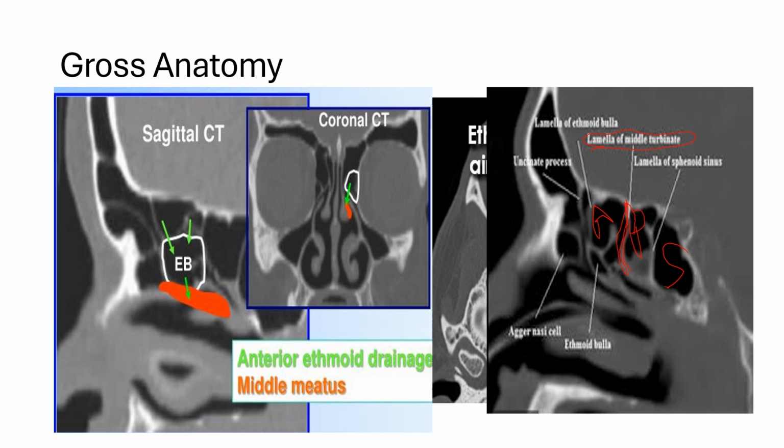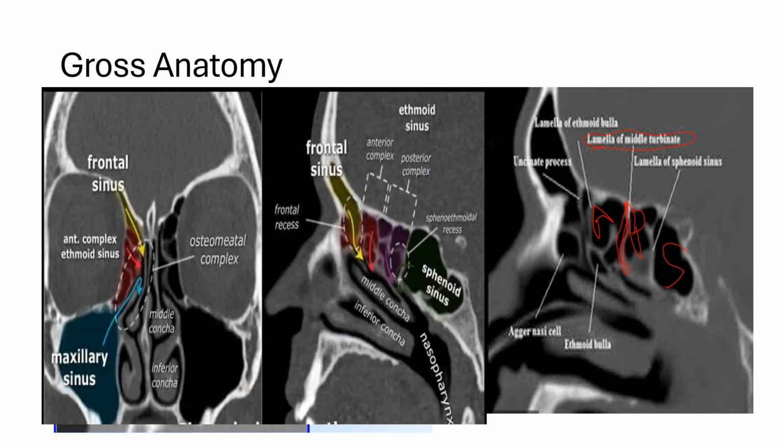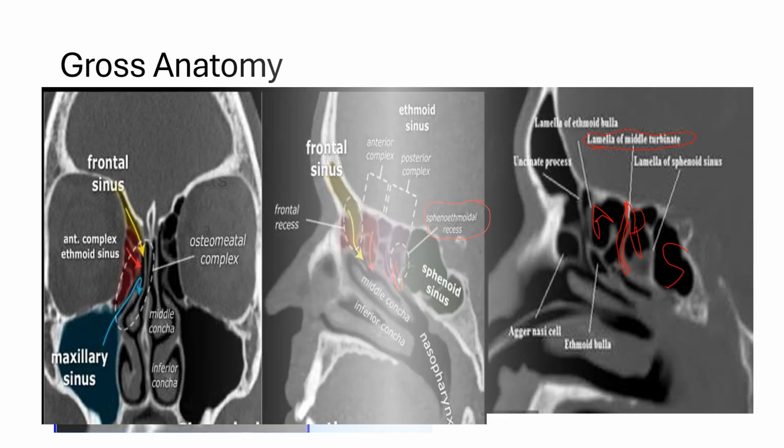This is the large ethmoid air cell called the ethmoid bulla, which drains into the hiatus semilunaris and then into the middle meatus. The ethmoid bulla is also a component of the osteomeatal complex. The posterior ethmoid air cells drain into the superior meatus via the sphenoethmoidal recess. So this is the sphenoethmoidal recess.